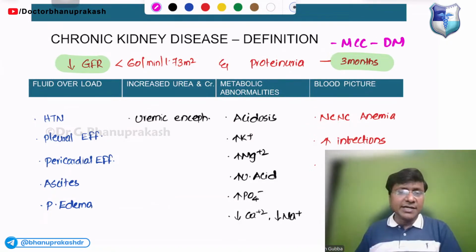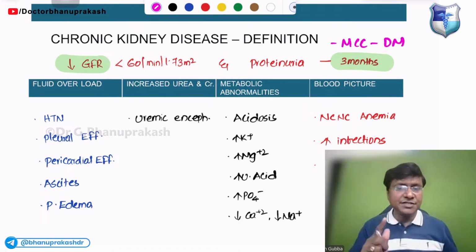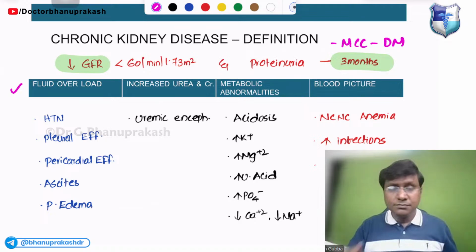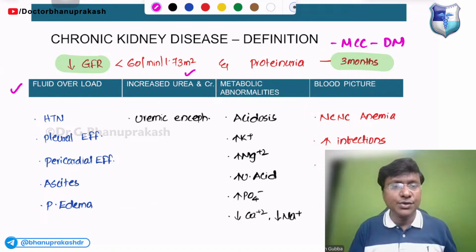Now, what are the clinical features that you come across in patients with chronic kidney disease? The clinical features are due to increase in the fluid load in the body, and the next important is the increase in the urea as well as creatinine. Now, what are the features due to fluid overload?